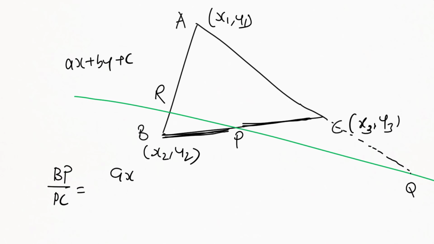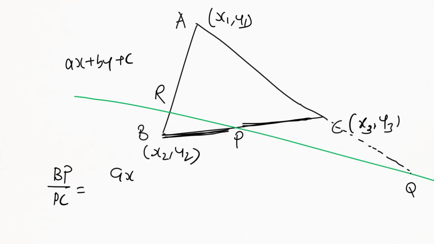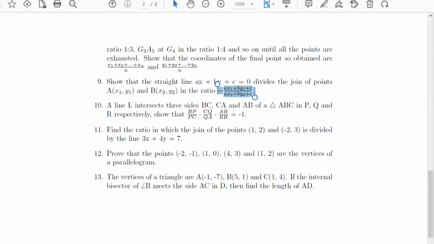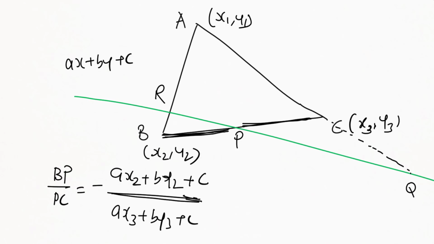So BP over PC will be (ax2 plus by2 plus c) over negative of (ax3 plus by3 plus c). This is one result we can use for this ratio.